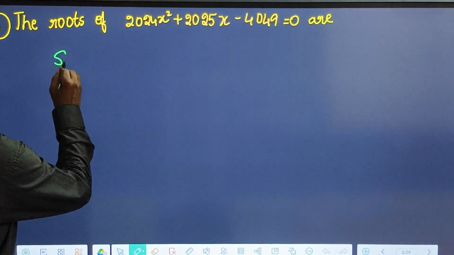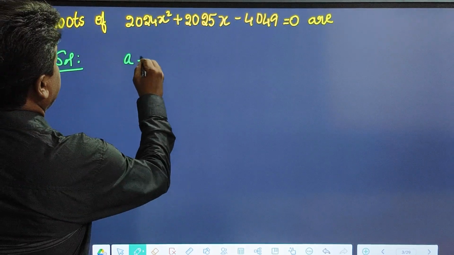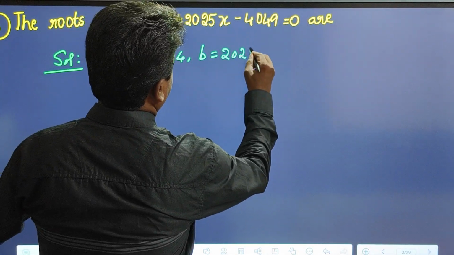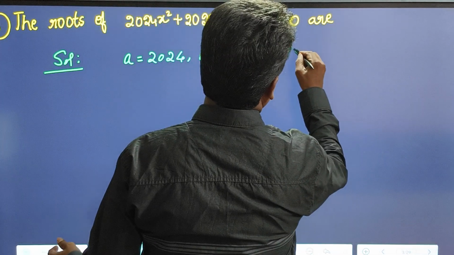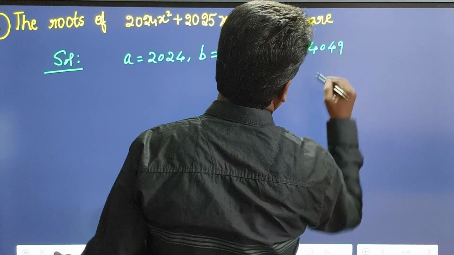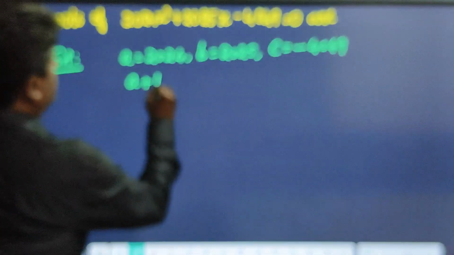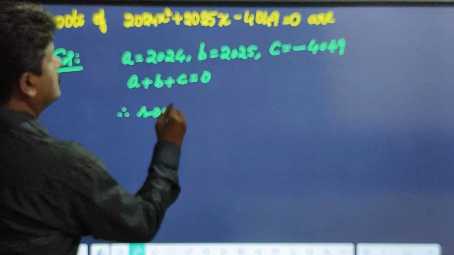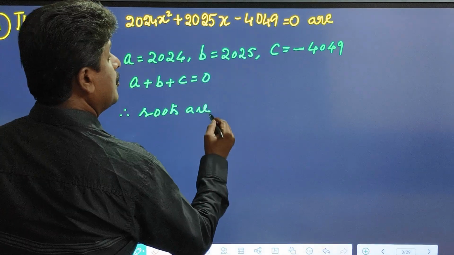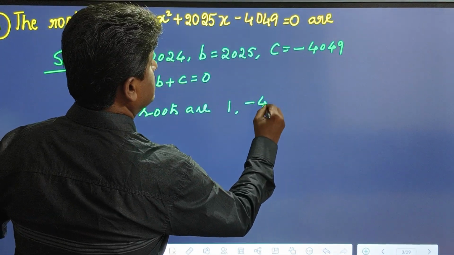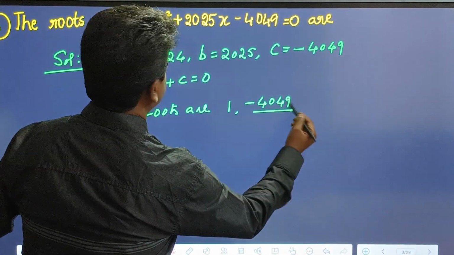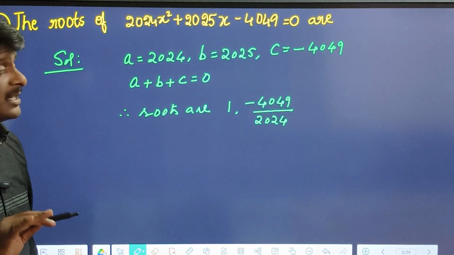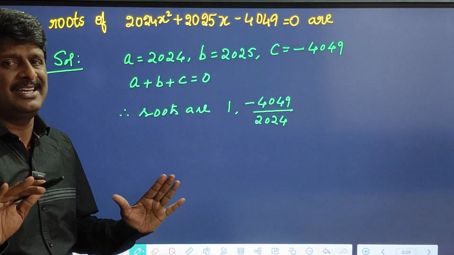Do observe that coefficients a is equal to 2024, b is equal to 2025, c is equal to minus 4049, a plus b plus c is equal to 0 here. Therefore, roots are 1 comma c by a, which is minus 4049 by 2024. So directly we can guess the roots without using any formula.